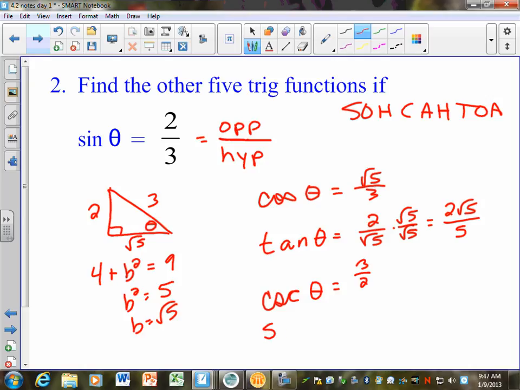Secant. I really don't like secant. And here's where you want to, oh yeah, this one's not going to be so nice either. Square root of 5 over 3, I'm going to flip it over, right? So I'm going to get 3 over the square root of 5. And I have to get that square root out. So I'd get 3 square root of 5 over 5.